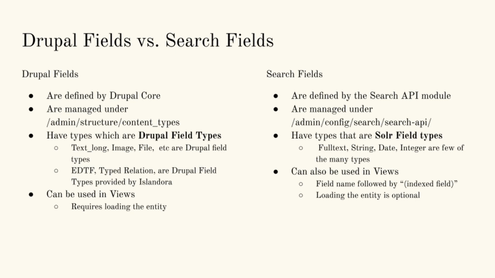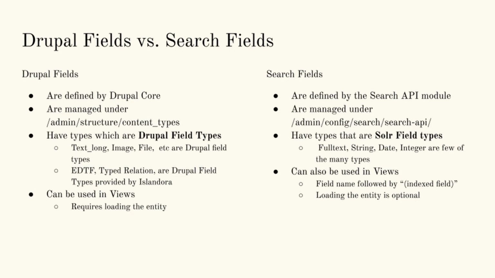So the Drupal fields that we've been talking about so far are defined by, or you can make them because of, Drupal core. You go to admin structure content types and you manage your fields there. The Drupal field types we've seen are those like text formatted long, text plain, image, file, typed relation, EDTF, and those last ones are ones that are provided by Islandora.